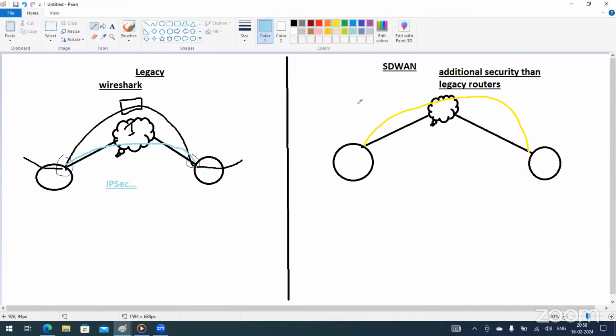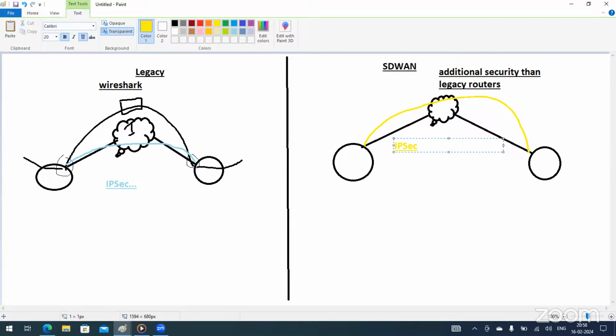But on right hand side, when we configure IPsec tunnel, here the IPsec tunnels are built on the top of SSL tunnels or SSL security.